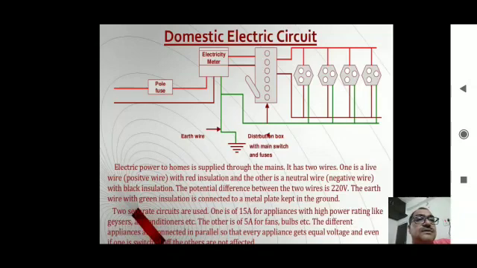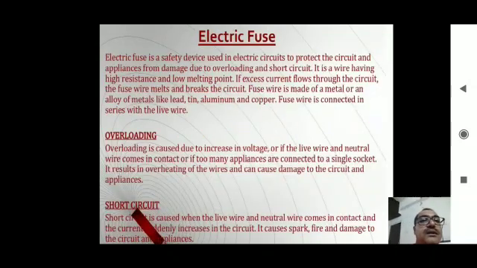Now students, we have to learn certain terms used in this domestic electric circuit, or certain electric components like the fuse. What is its use and how does it work, that is what we are going to learn in this particular slide.